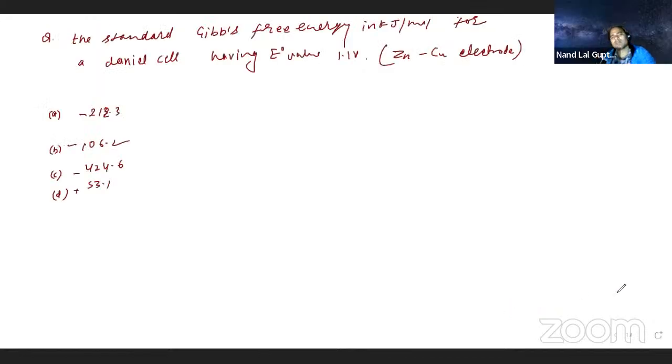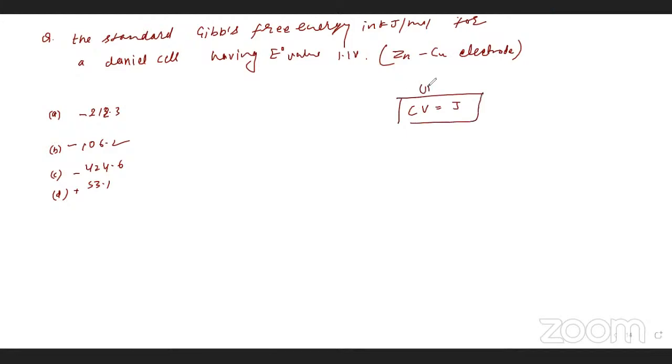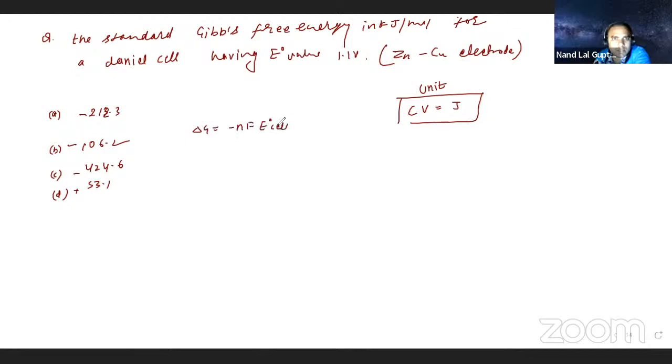Now solve. Coulomb volt is equal to joule. Now we will use the formula minus nFE°. In place of n I write 2, then 96,500 in place of F, and E naught cell is 1.1.